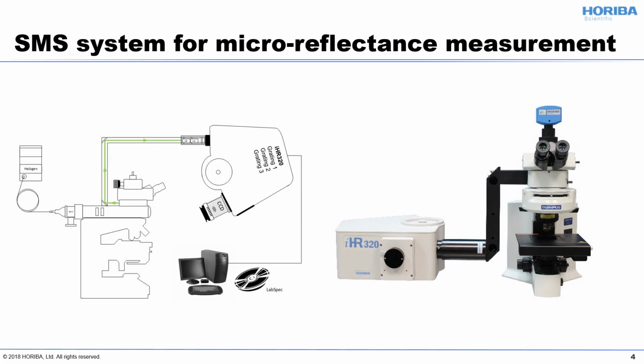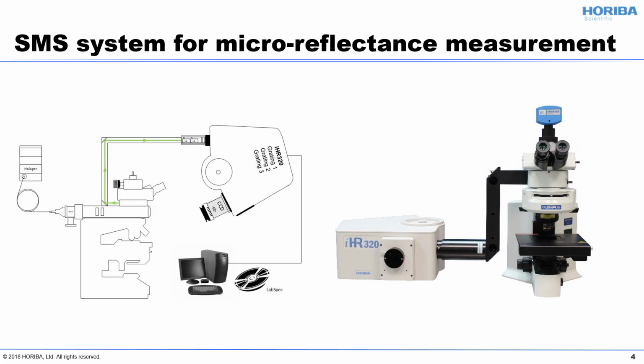The incident light is coupled by fiber and focused on our very powerful motorized stage, which is built on our standard microscope platform. We use the motorized stage to determine the area of interest and also do very fine structure mapping.